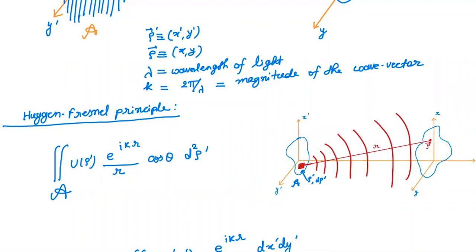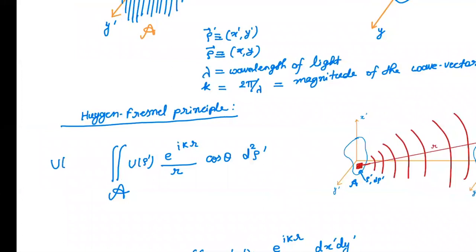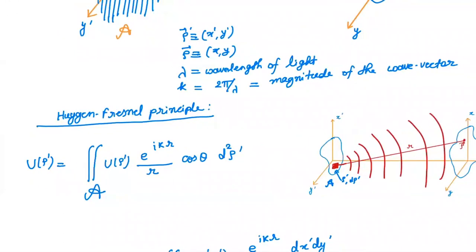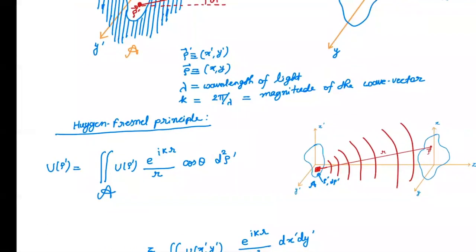This would be the total amplitude at rho due to this planar source having amplitude u rho prime.